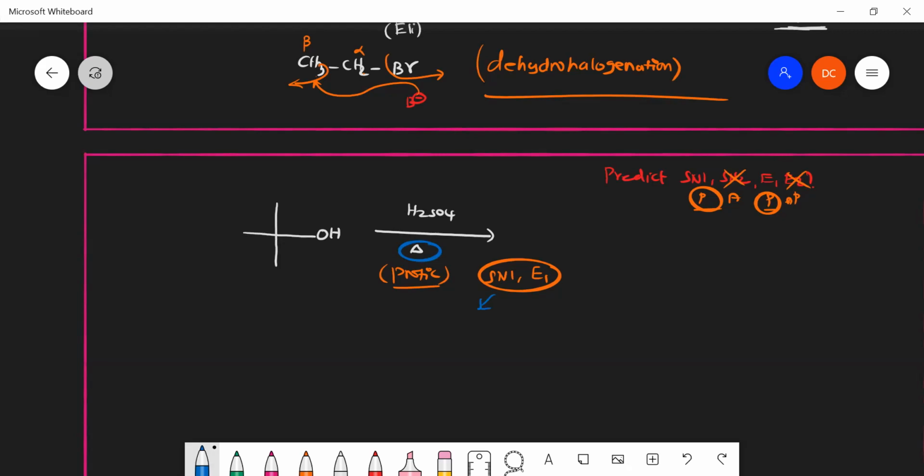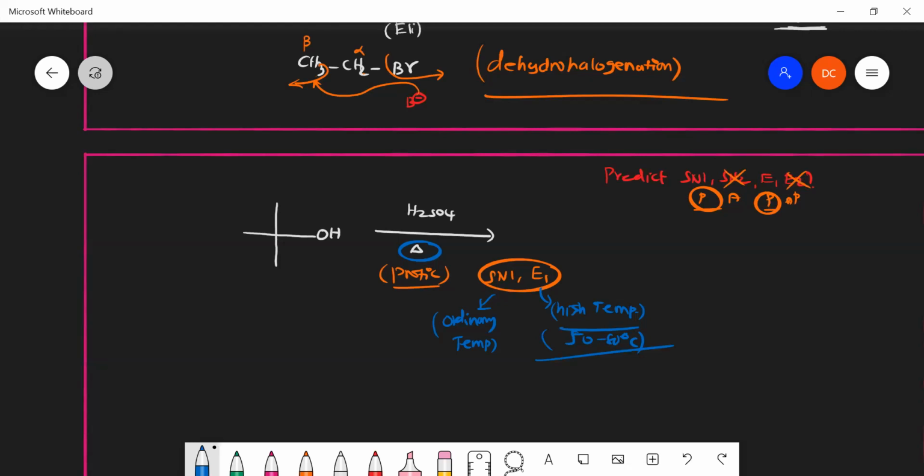Usually the SN1 reaction takes place at ordinary or normal temperature, but the E1 elimination reaction will be carried out at a higher temperature. High in the sense that compared to SN1 it will be higher, almost 50 to 80 degrees Celsius only, not very high. When at 50 to 80 degrees Celsius, the reaction will happen.